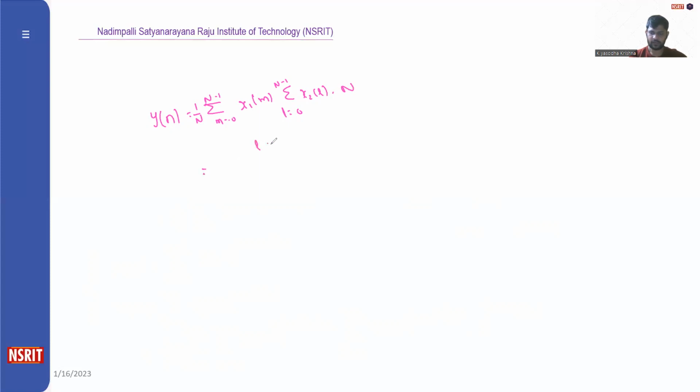We know that L is equal to n minus m, or simply m is equal to n minus L. Now replace all these terms: y of n is equal to summation m equal to 0 to n minus 1 x1 of m x2 of n minus m. Of course, it is the definition of the convolution, that is x1 of m convolution x2 of n.